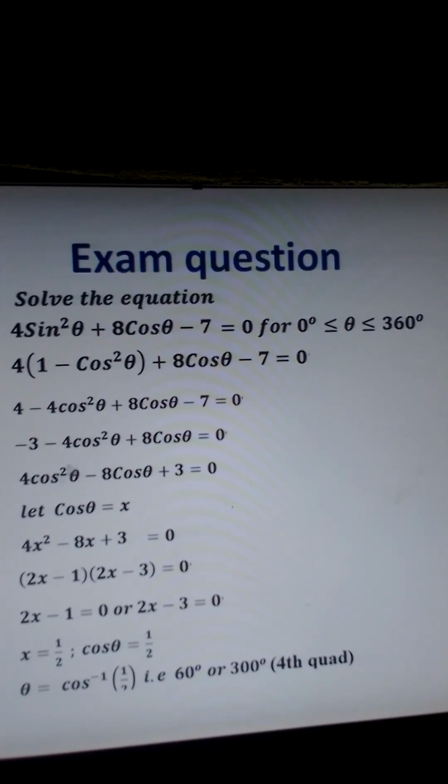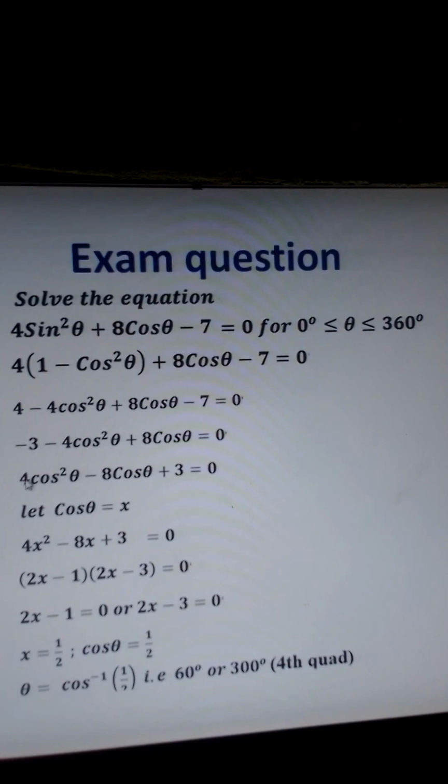We can write this equation in this format by multiplying every term by -1. So we find 4 cos squared theta minus 8 cos theta plus 3 is equal to 0.